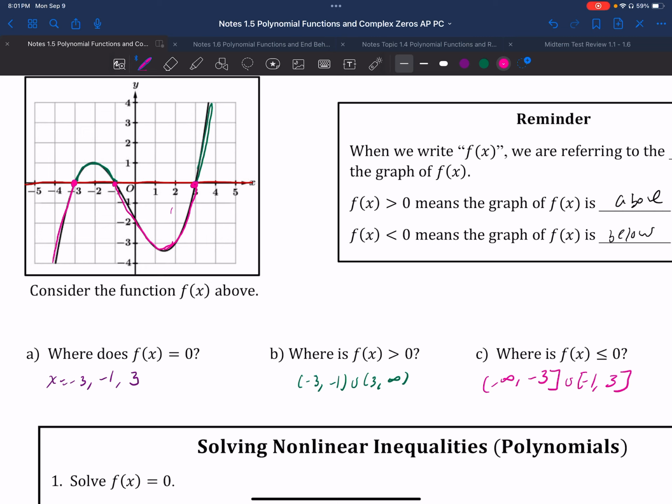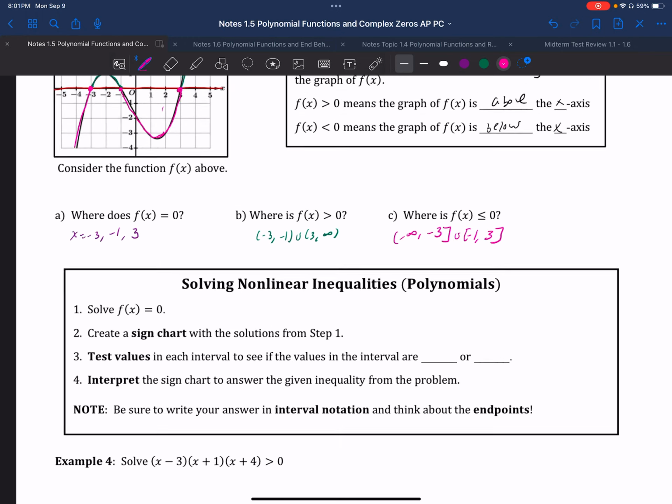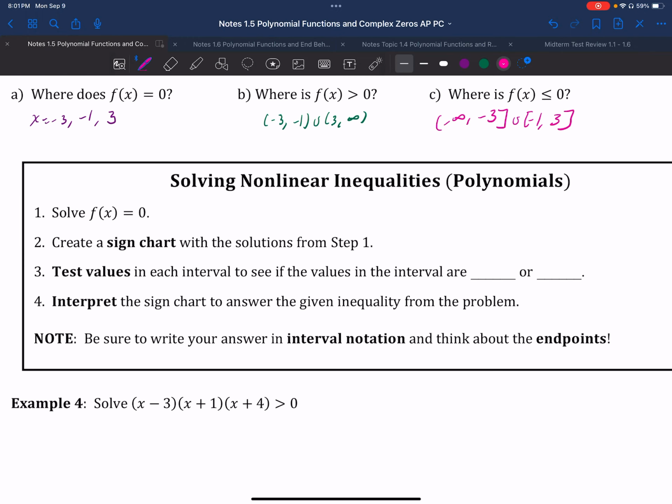So now let's move on and use this information to solve nonlinear inequalities or polynomials. We're going to have 4 different steps. Step number 1 says to solve for f of x equals 0.